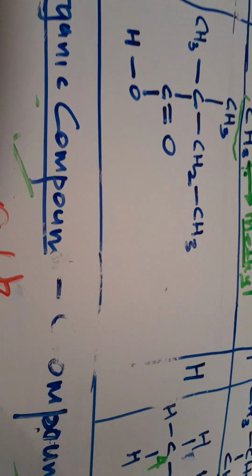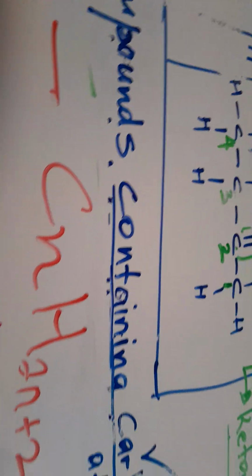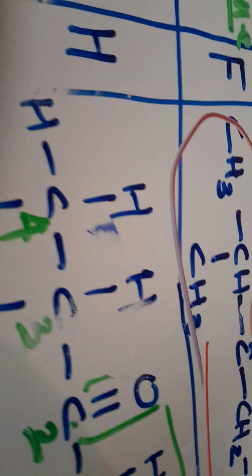Then, next question: structural formula for the functional group of compound F. Okay, I have compound F. We have identified it. Compound F there is a ketone because you can see the carbonyl right in the middle.